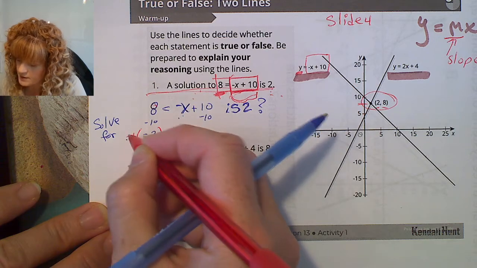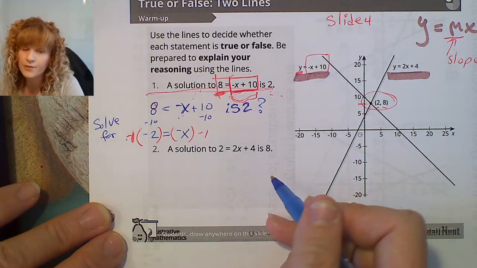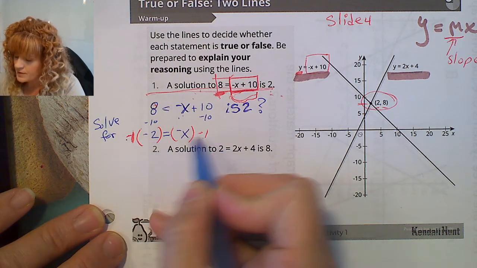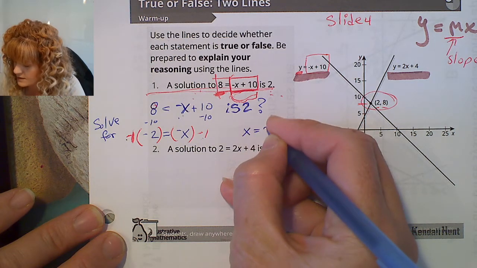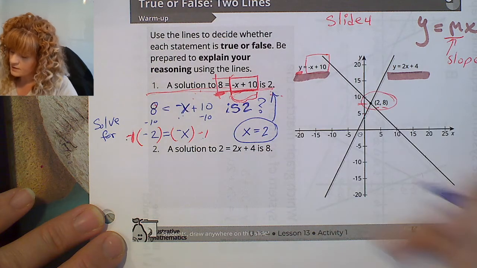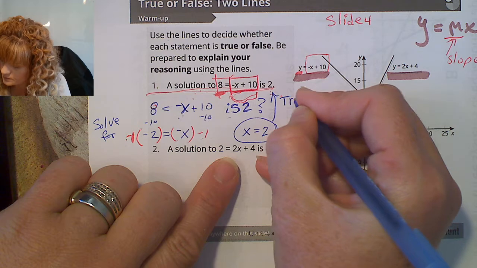Remember, you have to do the same thing to both sides of the equation. That's the only rule you have to follow when you solve equations. So when I multiply both sides by negative 1, my negatives cancel out, and I finally get x equals 2. So yes, the answer for this one, it's true.